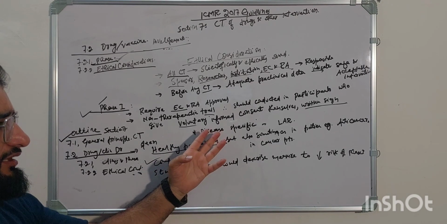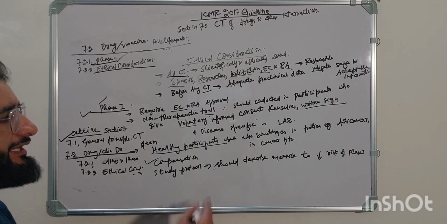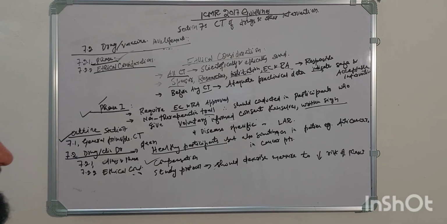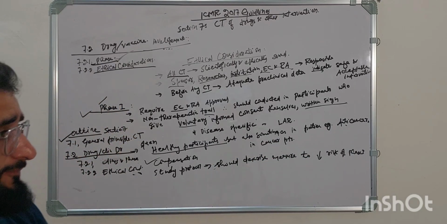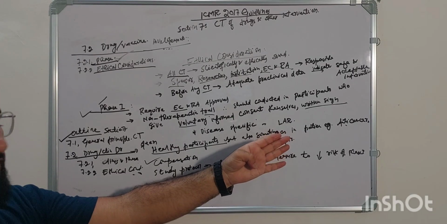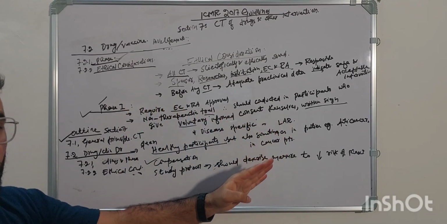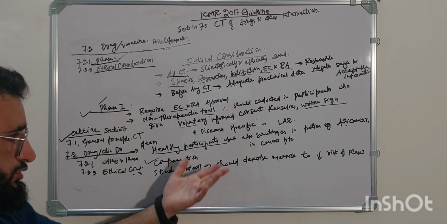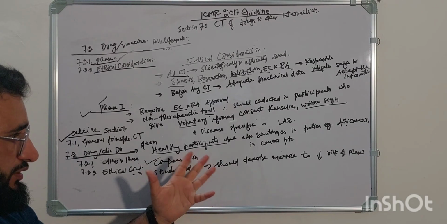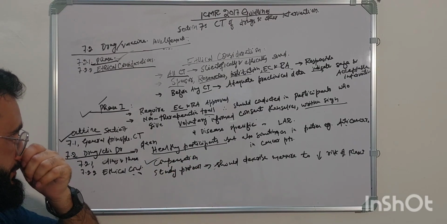But phase 1 can also be carried out in patients, like if we do a phase 1 study of anti-cancer interventions or drugs in cancer patients, we can include such patients as phase 1 participants.